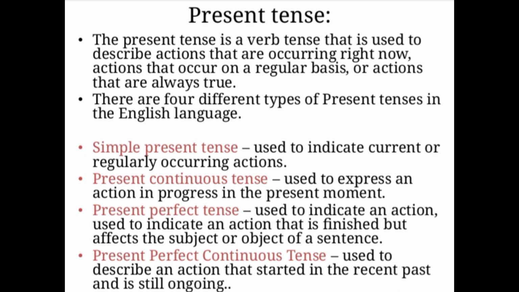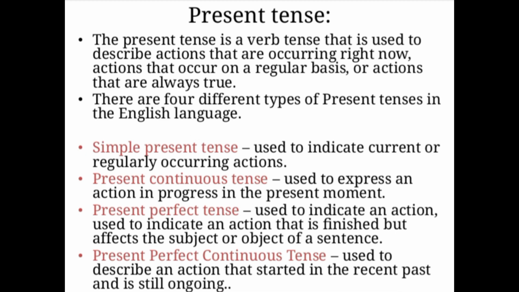See here, we have four types of tense in English. So what are those? We have simple present tense, present continuous tense, present perfect tense, and present perfect continuous tense. We use simple present tense to indicate current or regularly occurring actions, the incidents or actions that take place regularly.